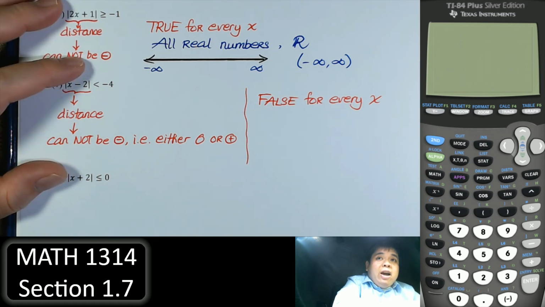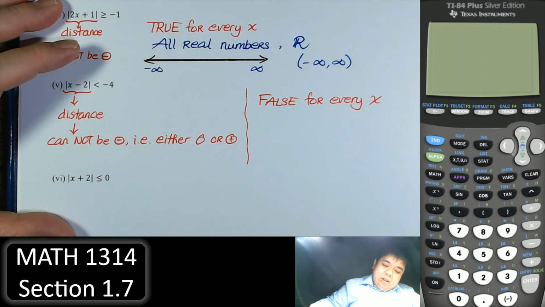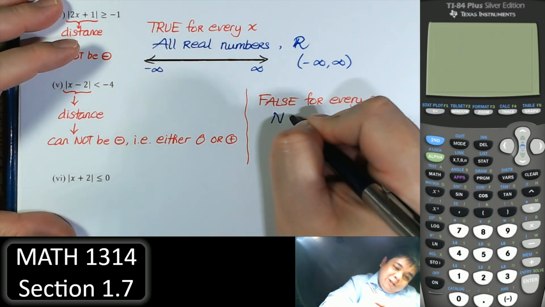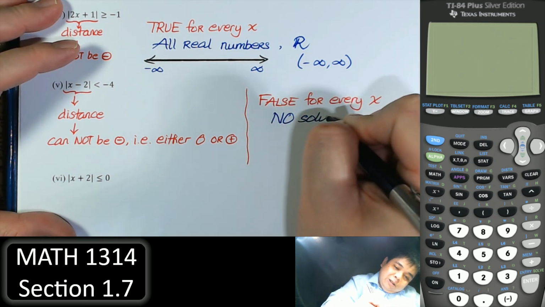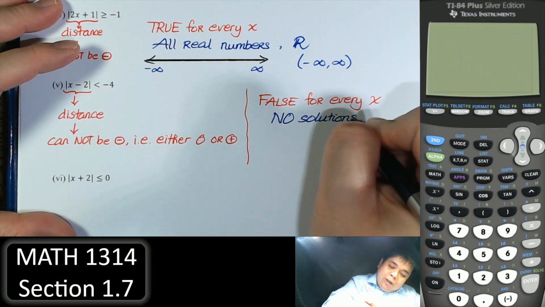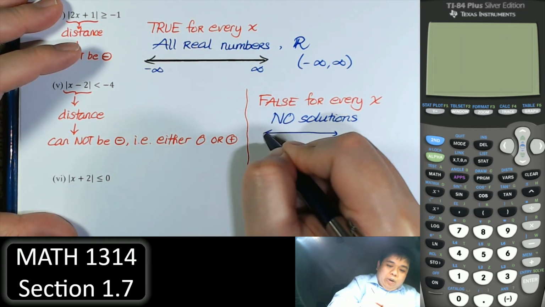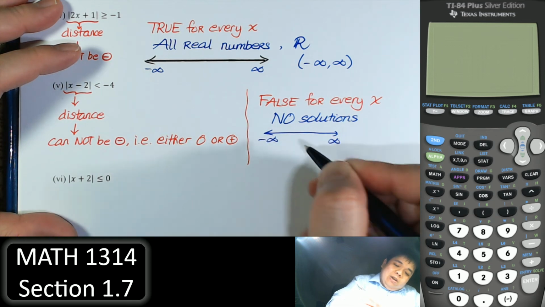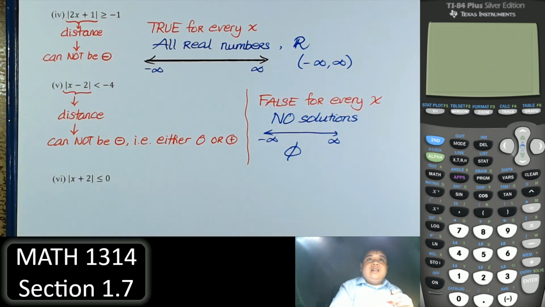If it's false for every x, there are no solutions. So we just draw a line and not say anything, or we use the empty set as a notation for no solution. Right.